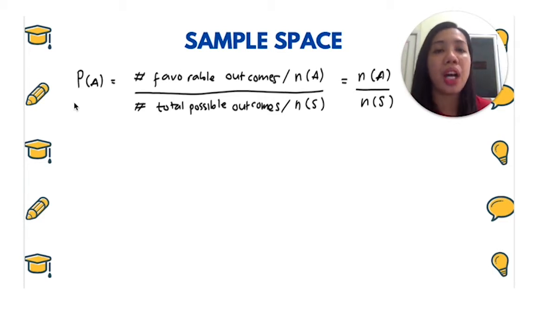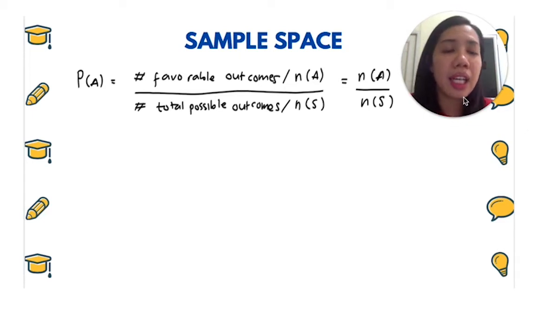So how to calculate the probability of event A? It is simply the division of the number of favorable outcomes, which is the number of outcomes that lead to event A occurring.